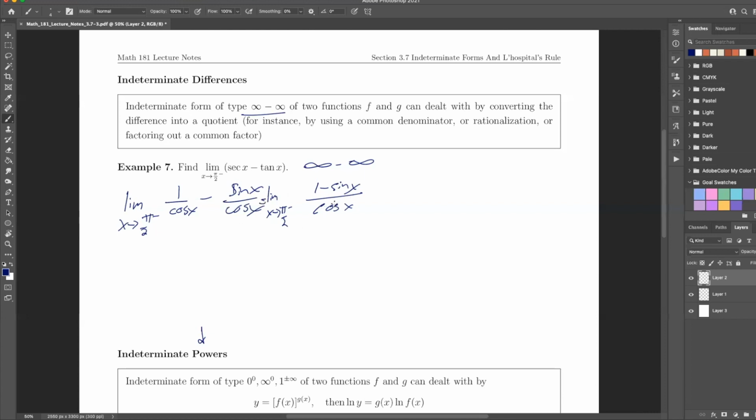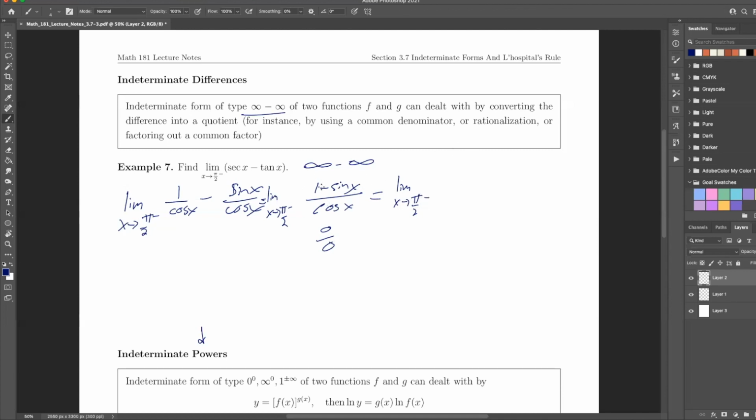Equal sign. All right, so here I've now written it as a quotient. And here if I plug in pi over 2, I'll get 0 and 1 minus 1, so this is 0 over 0. So here I can apply L'Hopital's rule and take the derivative. So I'll have the limit as x approaches pi over 2 from the minus side.